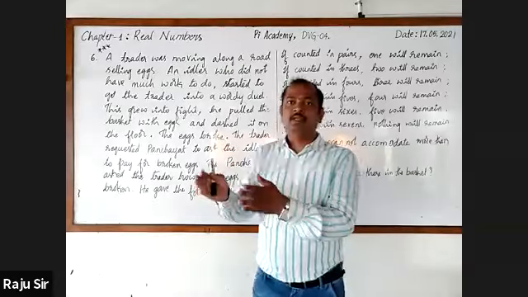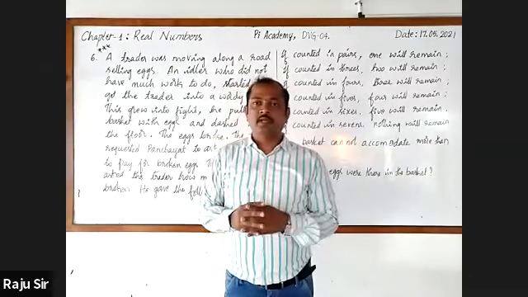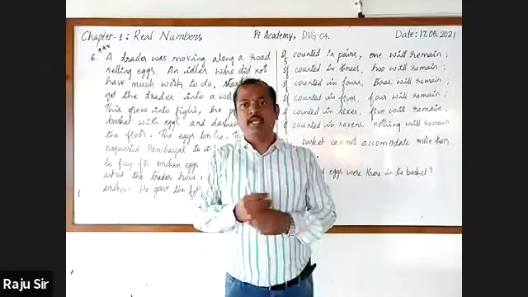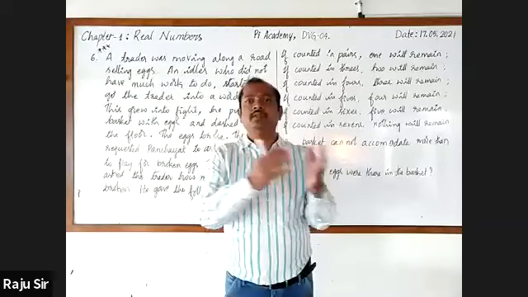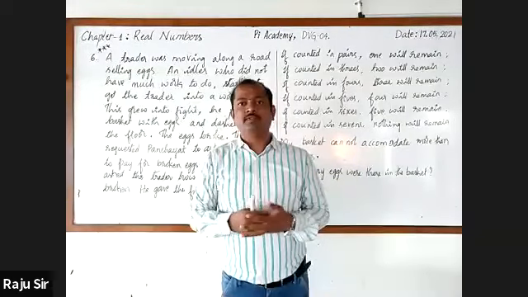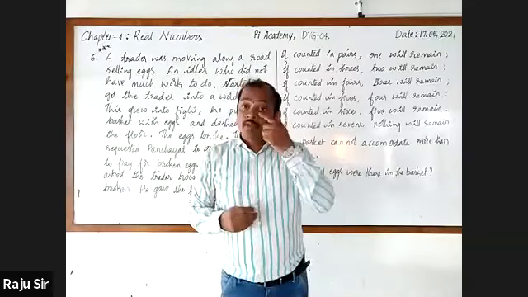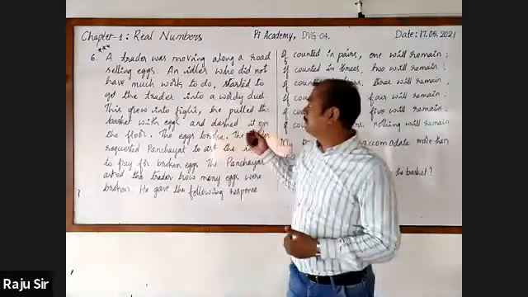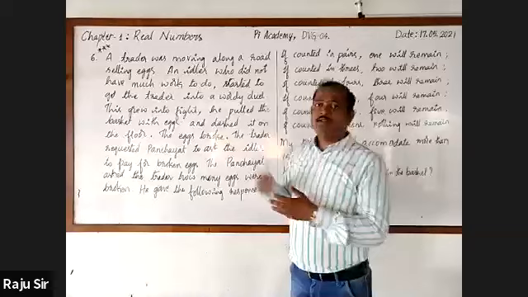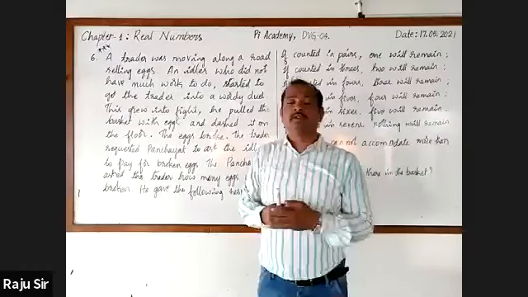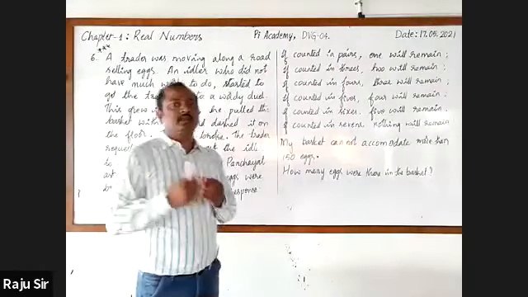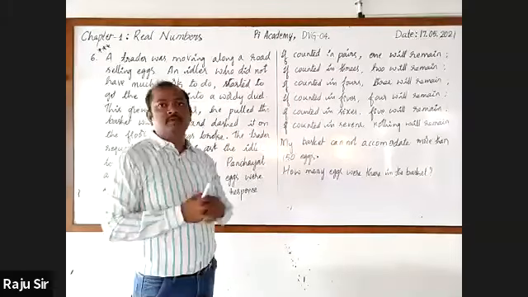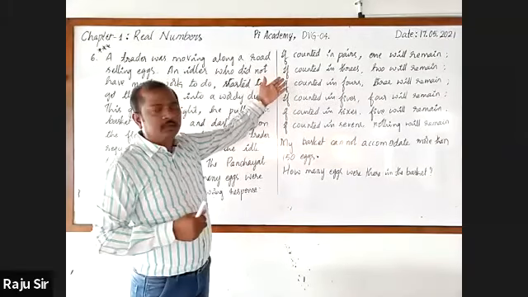Then obviously the trader went to the Panchayat. There he asked for justification, and the Panchayat asked the trader how many eggs were there in that basket, and these are the responses given by the trader.